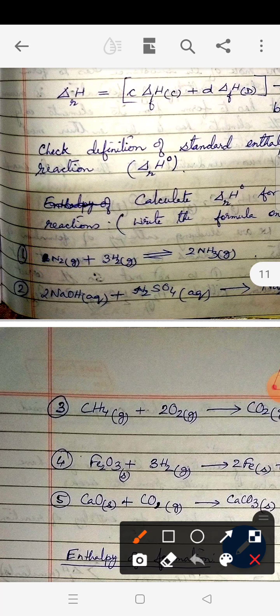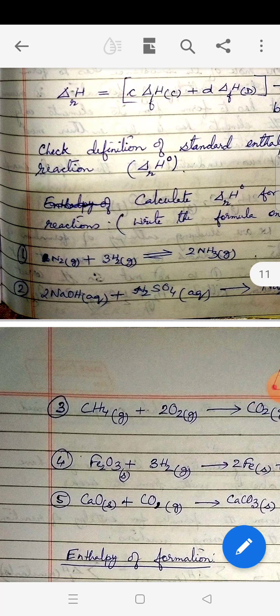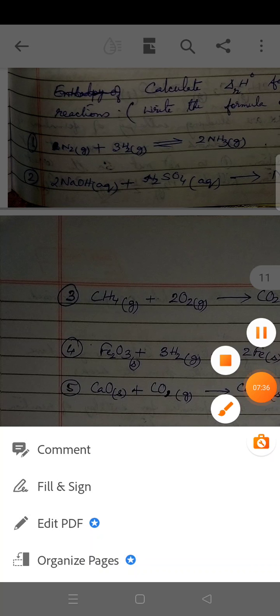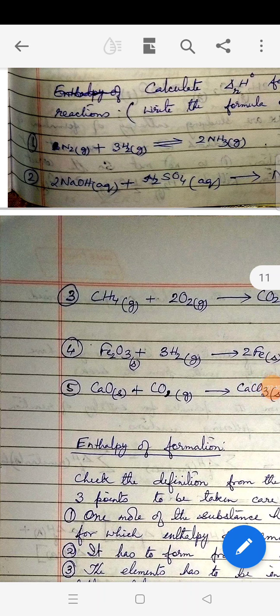You need not put in the values, but if you are willing to, you can refer to the values at the end of the textbook, where you will find the standard enthalpy of formation values and thermodynamic data for most of the compounds. One thing you have to remember: the enthalpy of formation of all elements is always 0.